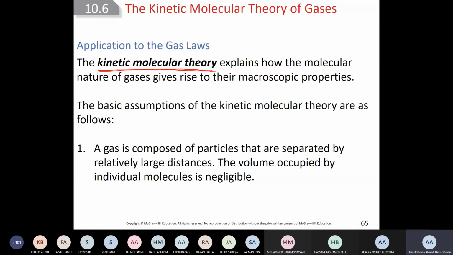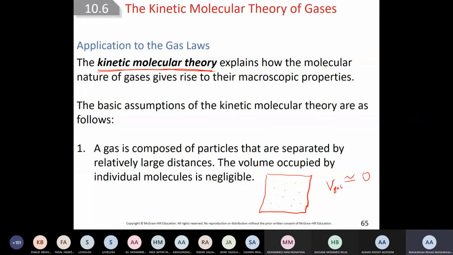When we have any container, we consider the volume of the container as the volume. What's the volume of the gas only? It's so small that we can consider the volume of the gas in any container to be approximately equal to 0.